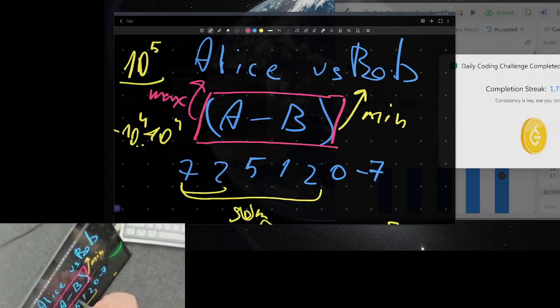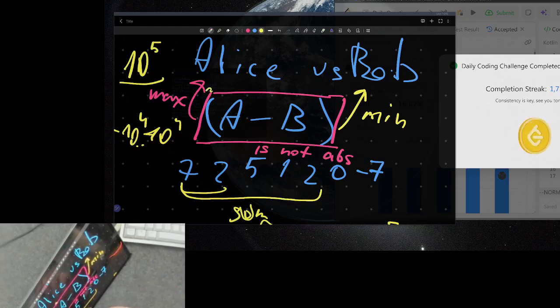The attention is to this detail: what we have to maximize and minimize is not the absolute value. Basically, this makes the problem much easier than it could be if it were abs.